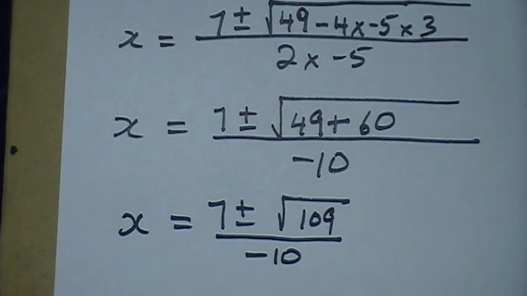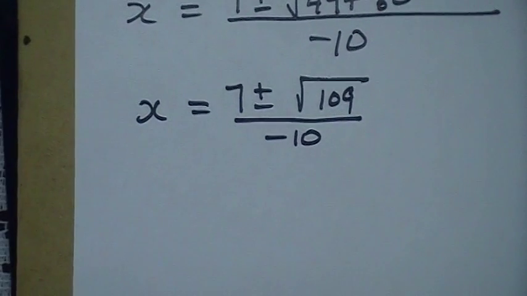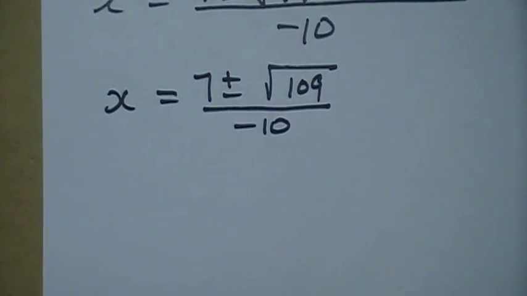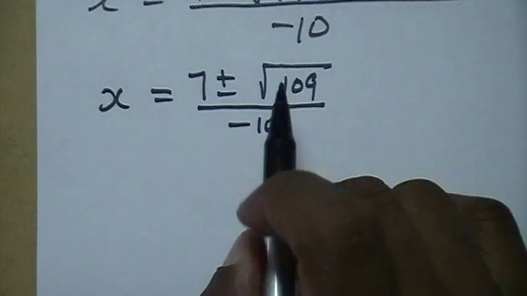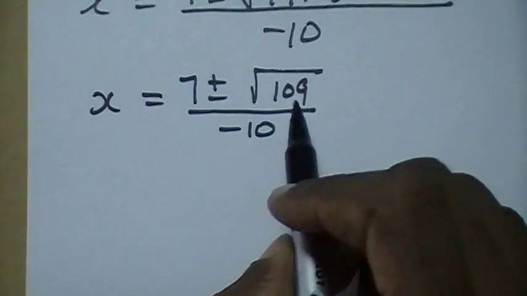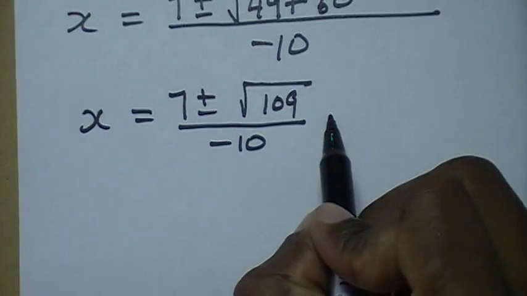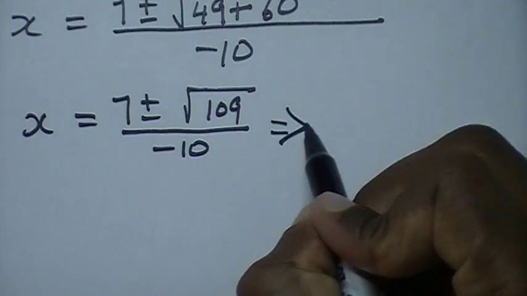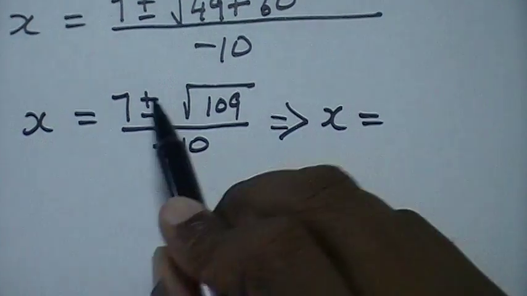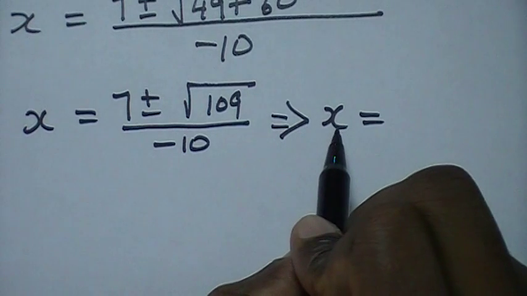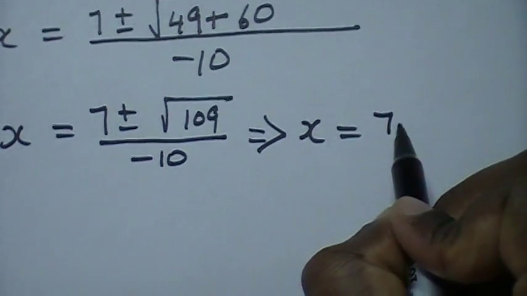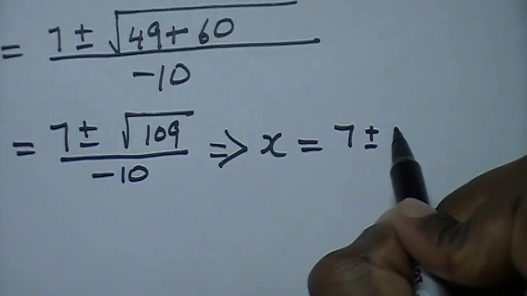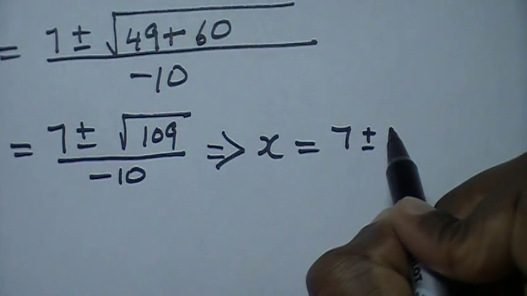Alright, what's the next step? You should already know. The next step is to find the square root of 109. Let's put the implication sign so I can write x equal to 7 plus or minus the square root of 109 to 3 decimal places.